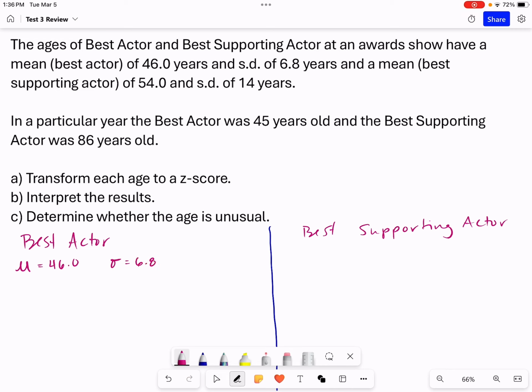And a mean for the Best Supporting Actor of 54.0 years and a standard deviation of 14 years. So in a particular year, the Best Actor was 45 years old. That is our X. And the Best Supporting Actor was 86 years old.